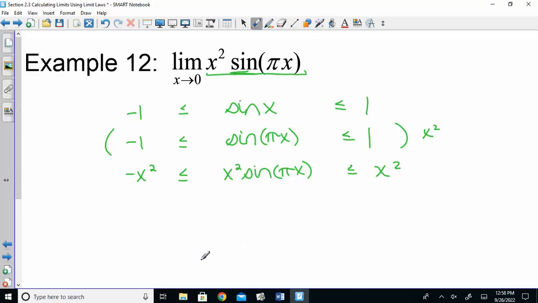Okay, so I have the x squared sine of pi x. What do we need now? To add a limit to every piece.